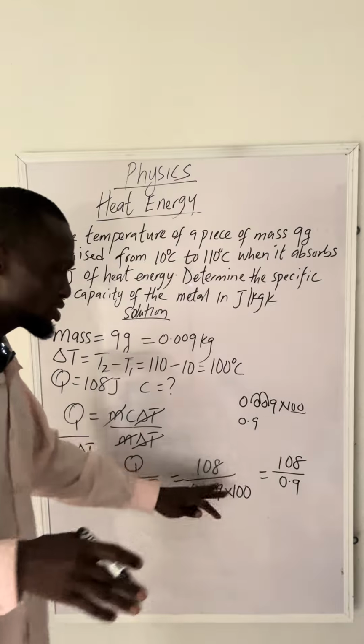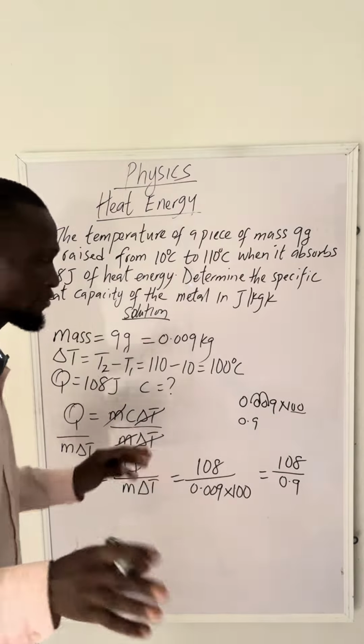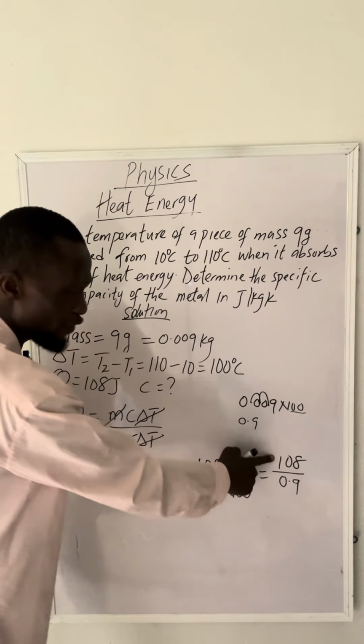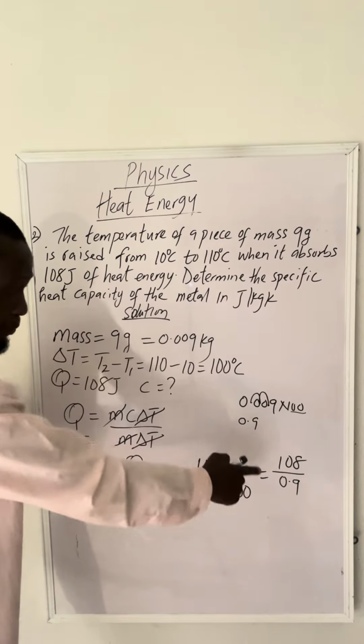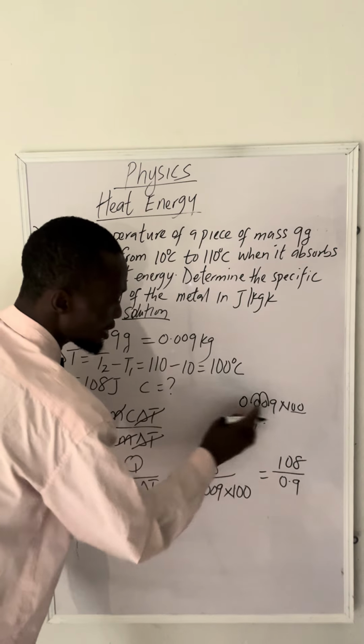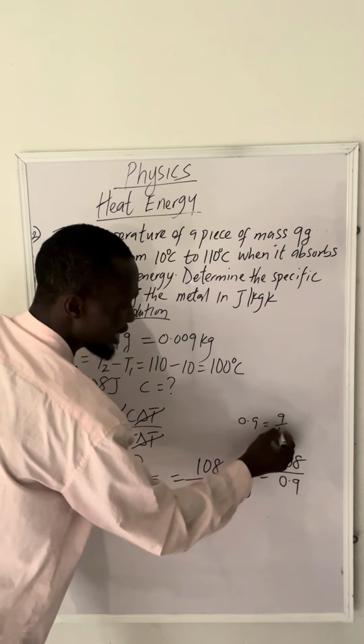You see, all of this does not really matter. You can use your calculator to do this and you're fine. So now, having done that, you need to simplify this. 108 divided by 0.9. Remember, 0.9 itself is the same thing as 9 over 10.